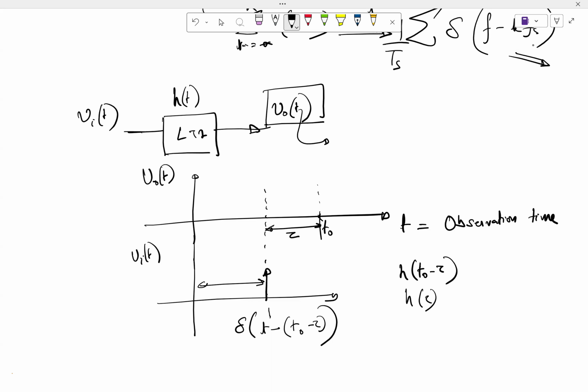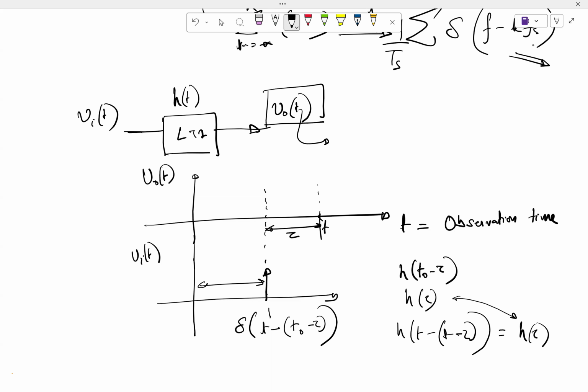What will be the final output? h of t minus T naught plus tau. Here I have chosen an arbitrary T naught, so I can say this is t, which is essentially what? Why did you say plus tau? Okay, which is h of tau.